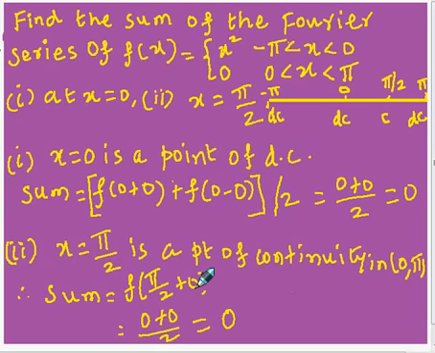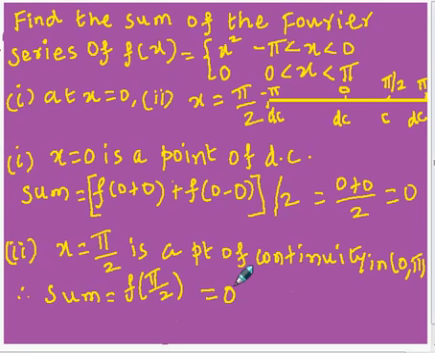So sum is equal to f of pi by 2, and the function is defined between the limits 0 to pi as equal to 0, and there is no x term. That is why f of pi by 2 is equal to 0.